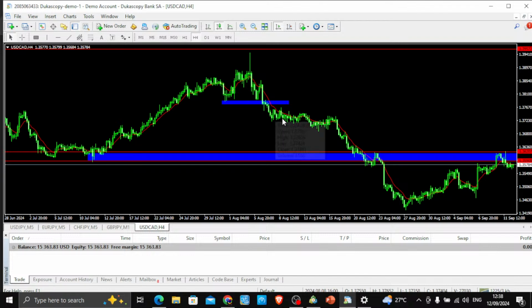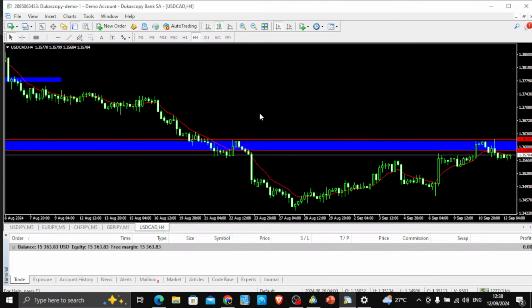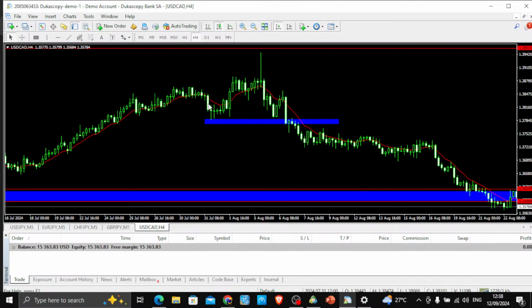It continued moving, tried to move up, but this is a weak bullish candle. With this candle, it continues coming down. Look at this one here.